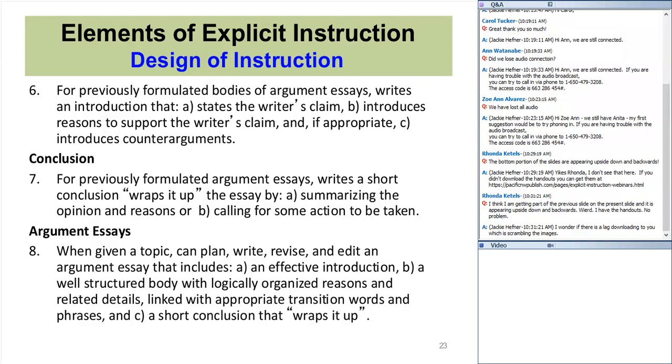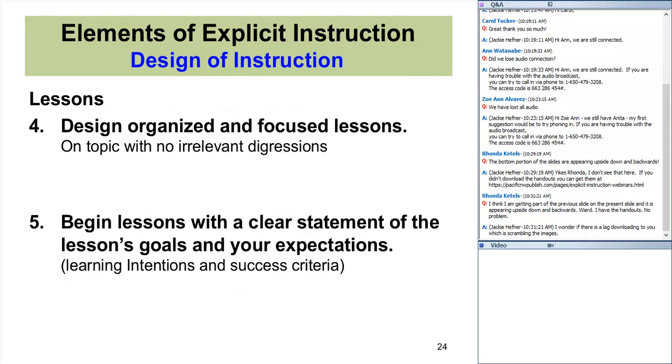Well, then we looked at the design of instruction, and that we would have organized and focused lessons. Now, in many Tier 2 and Tier 3 classes, we'll use research-validated programs, particularly in Tier 3, and they will have organized, focused lessons. And hopefully, they will begin with a clear statement of the goal and our expectations.